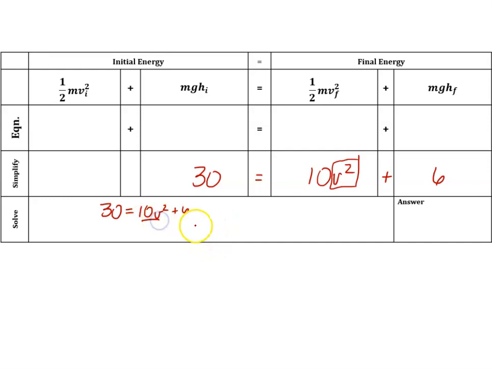First, I'm going to isolate the term with the v squared in it, so I'm going to subtract 6 from both sides. Then I have 24 is equal to 10v squared. Next, I'm going to isolate my variable. Again, we're not touching the square yet, so divide by 10, divide by 10. Now I have v squared is equal to 2.4.